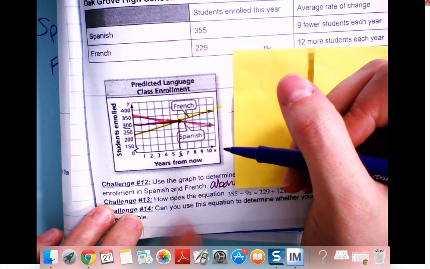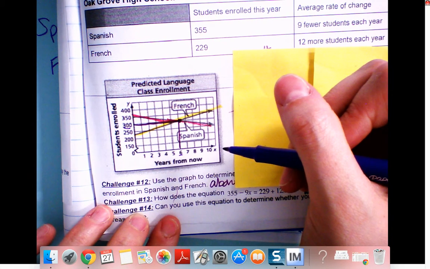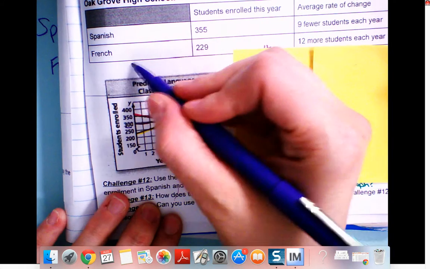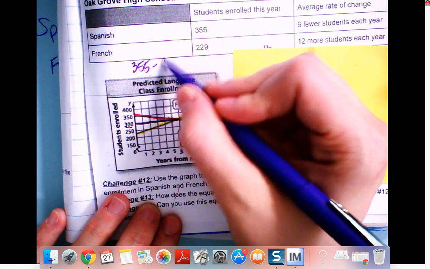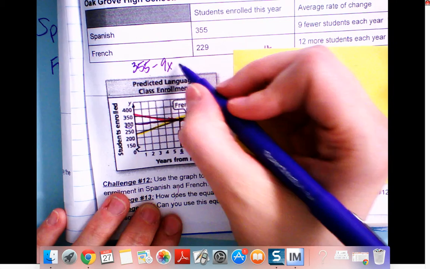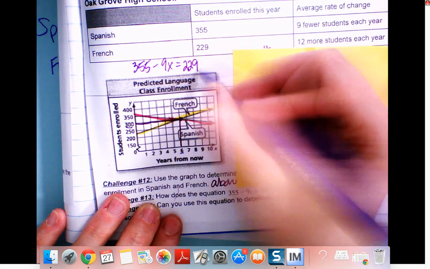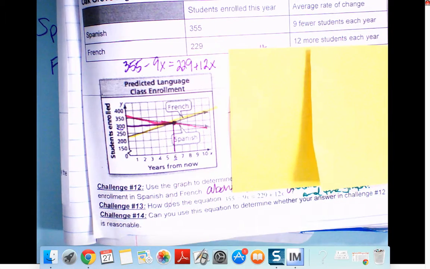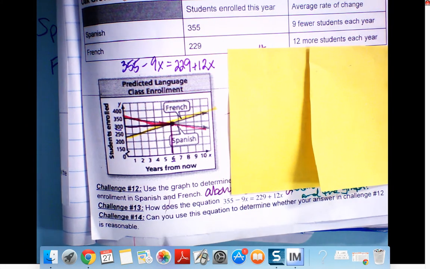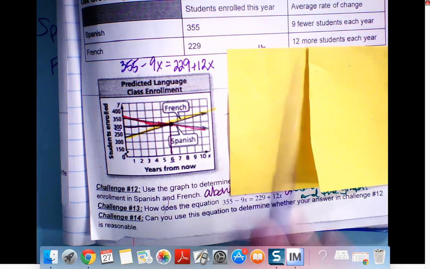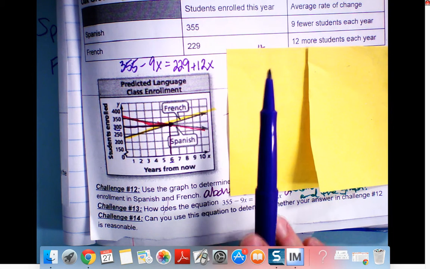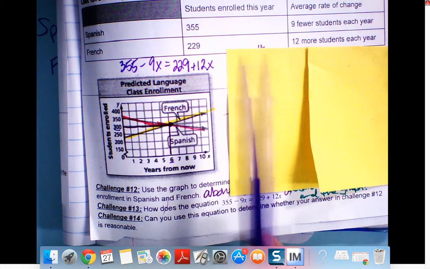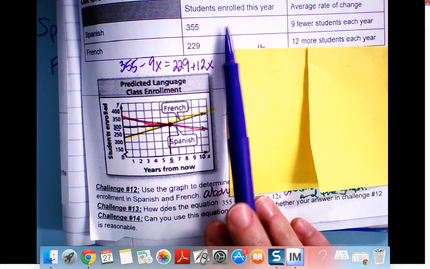The next question is, how does the equation 355 minus 9x equals 229 plus 12x relate to the graph and the table? If you notice, the students enrolled are here.